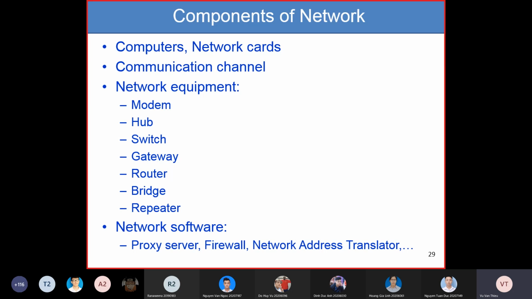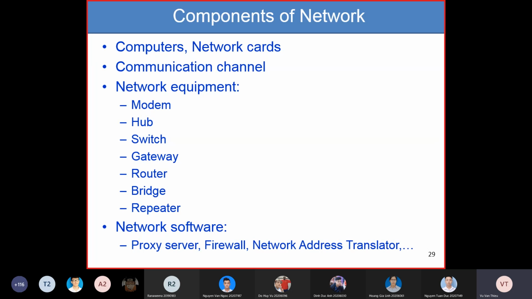Okay, so we continue to talk about the components of a computer network. To build a computer network, we need the following components. First, of course, we need a computer and other devices. You need a computer, and of course, you need a network card.